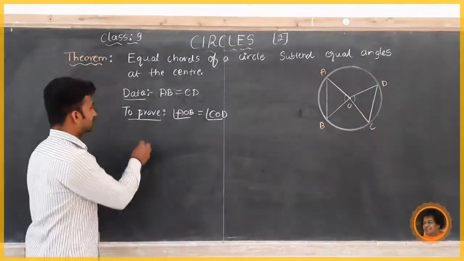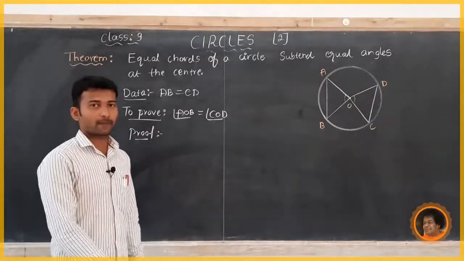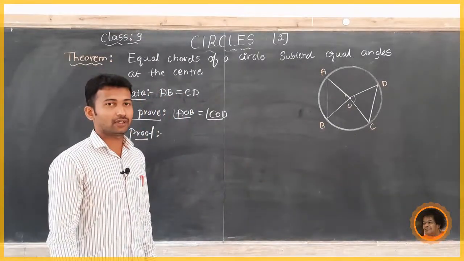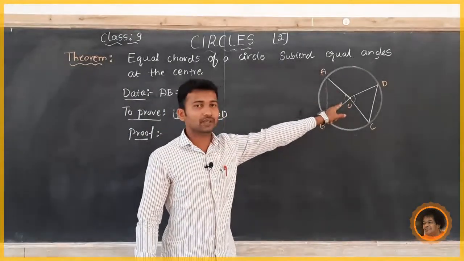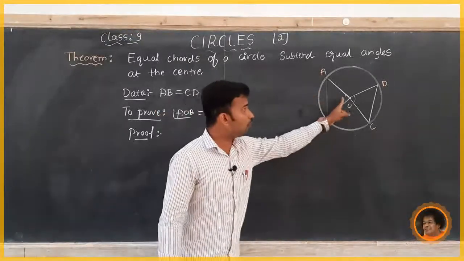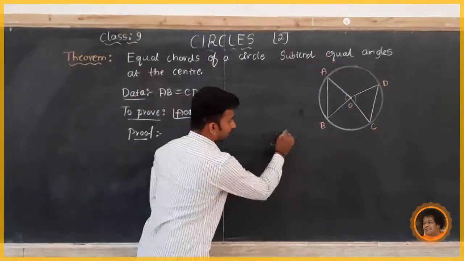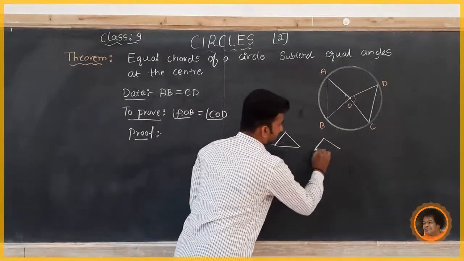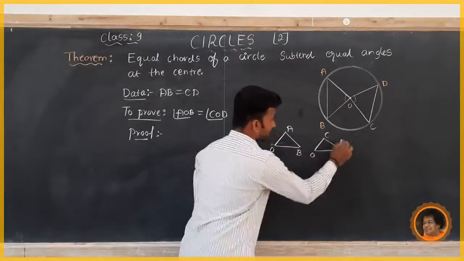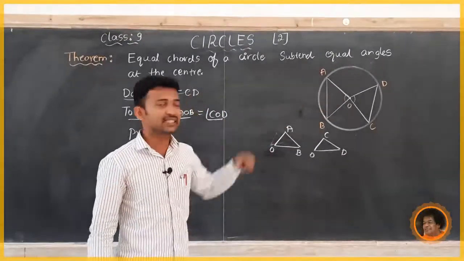Next, third step, proof. We have to write some steps. Consider the figure, the circle. There are two triangles, AOB and COD, inside the circle.